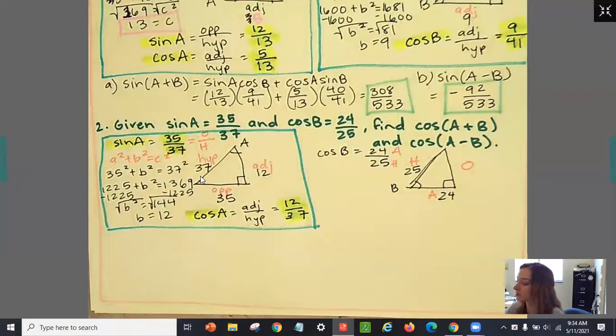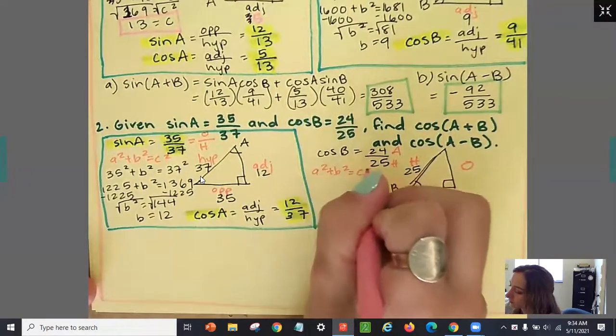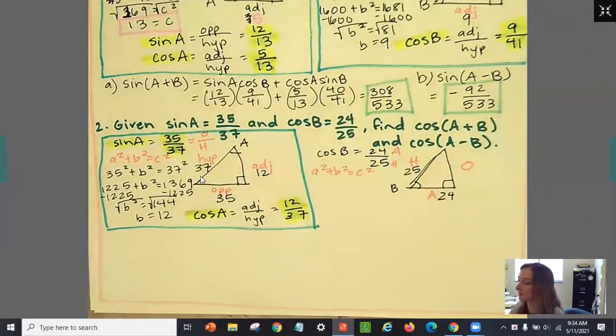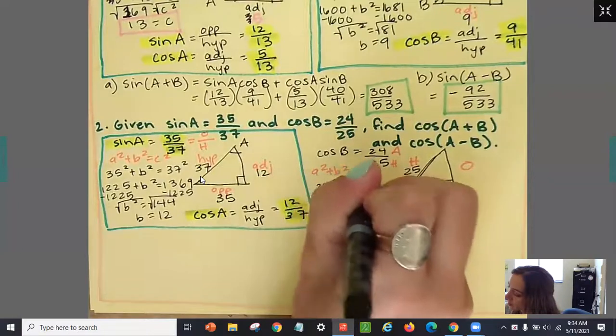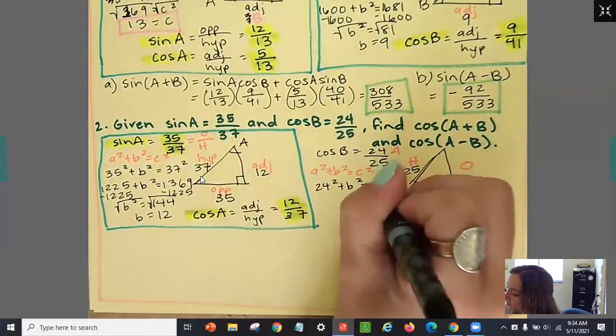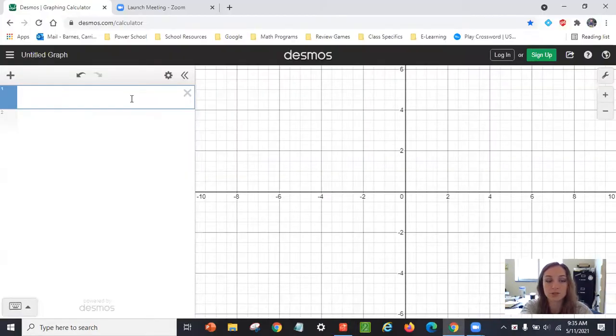So we're going to do A squared plus B squared equals C squared. So remember, the C is the hypotenuse, so we're going to do 24 squared plus B squared equals 25 squared. Okay, so 24 squared, let's go type that in. And what we can actually do is just say 25 squared minus 24 squared, because that's what we're going to be doing here.